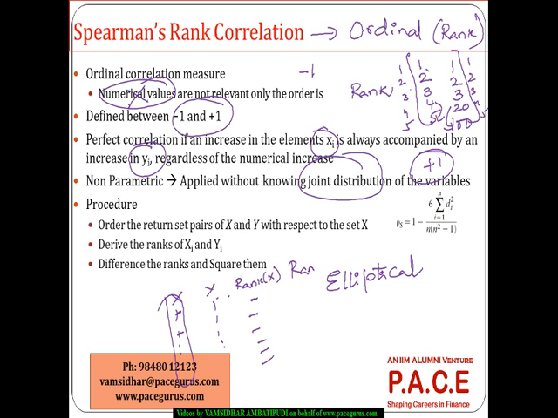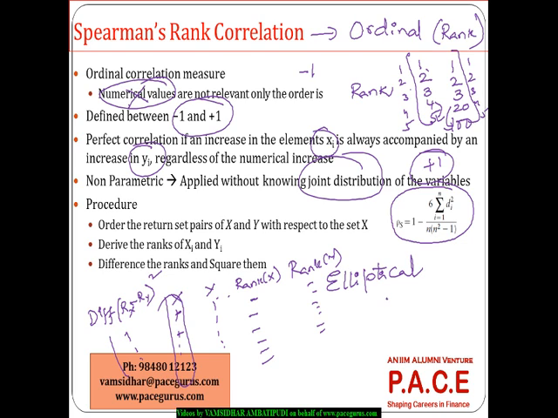Similarly, for y, do the ranking of each of them. Then take the difference of the ranks, rank x minus rank y. Then square those differences. And once you have squared those differences, you typically go with the application like this.